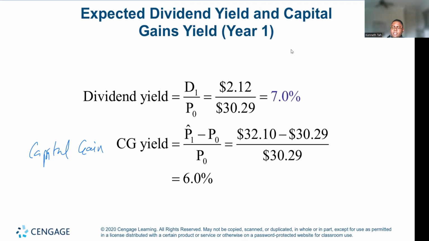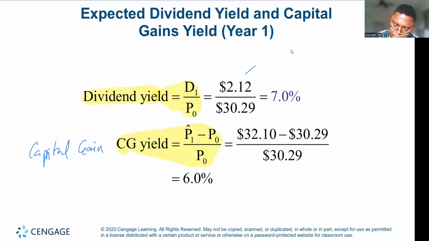If the stock price is going up, shareholders in the long position are making money. So dividend yield is basically the dividend received divided by the price. Capital gain is the change in price, which is the price right now minus the past price, divided by the past price.